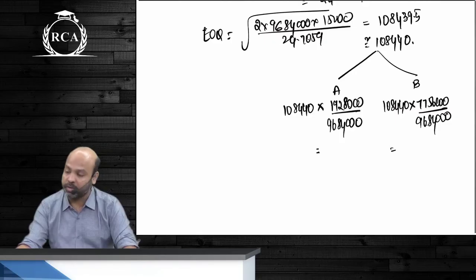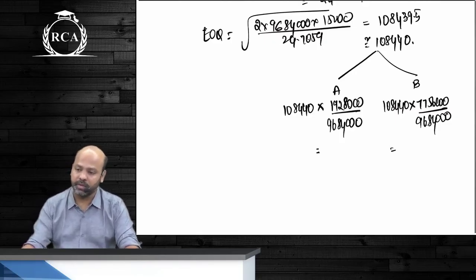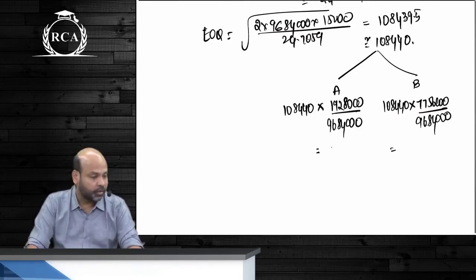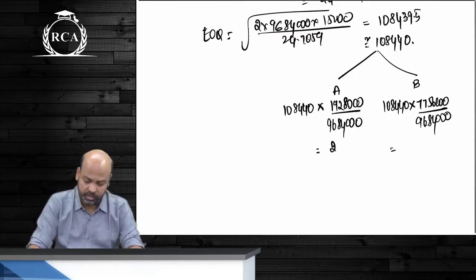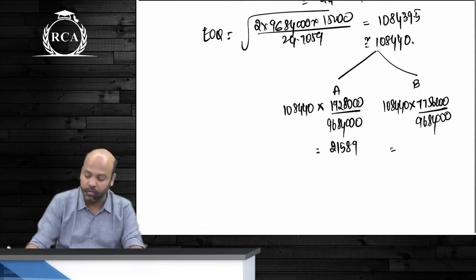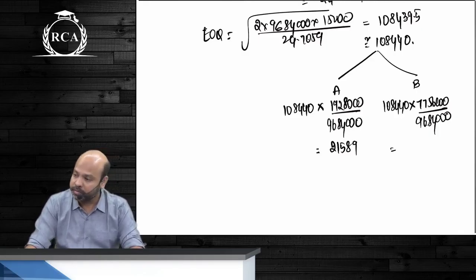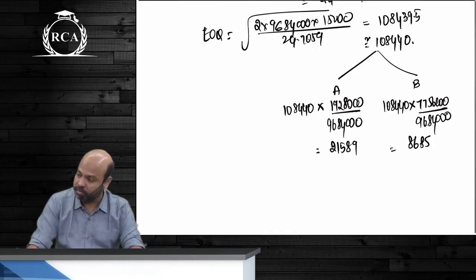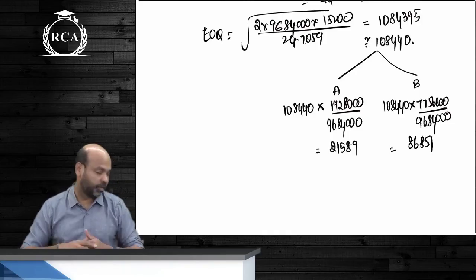Do you understand? How much will this be? It is about 20,000.589, and the leftover amount is 1,08,440 minus this, which is 850. This will be the quantity.